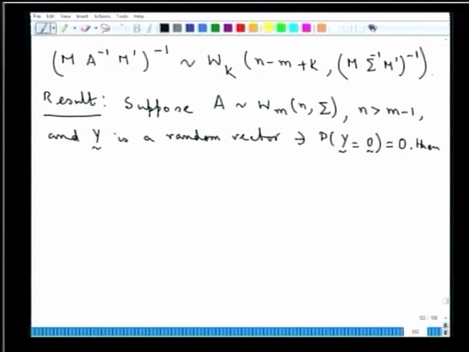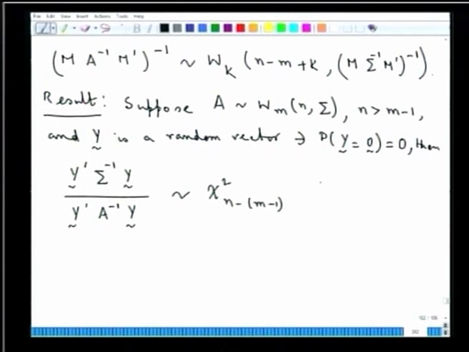Then y transpose sigma inverse y divided by y transpose A inverse y will have a central chi-square distribution on n minus m plus 1 degrees of freedom and is independent of this y vector.